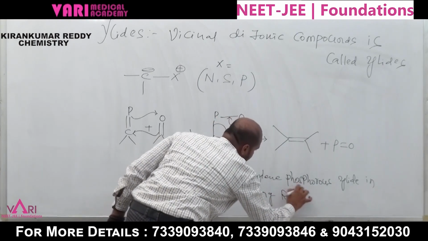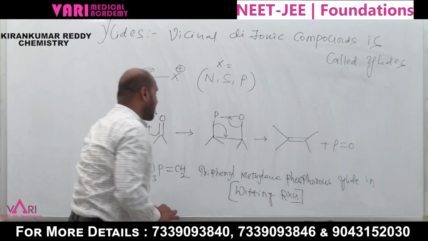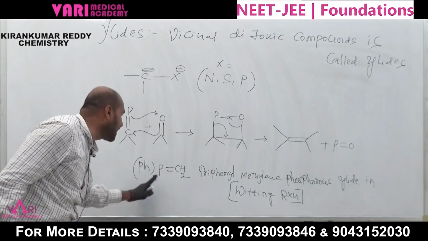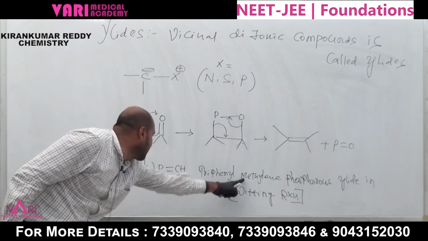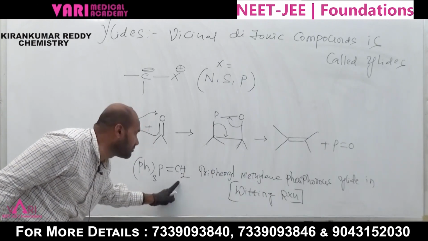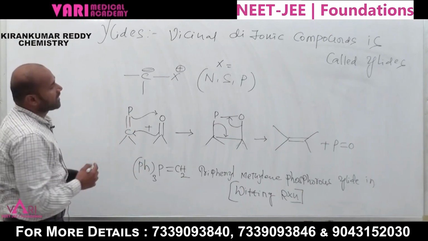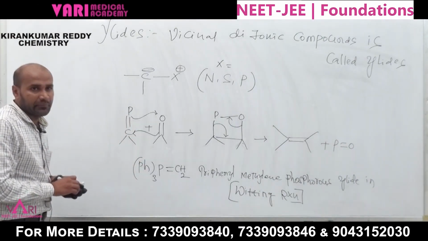Which is the intermediate in the Wittig reaction? Triphenyl methylene phosphorus ylide. This CH2 double bond means methylene, phosphorus ylide. This is one of the other intermediates.